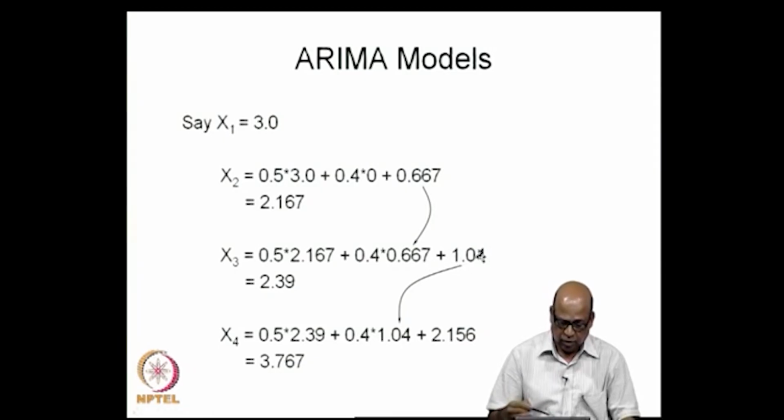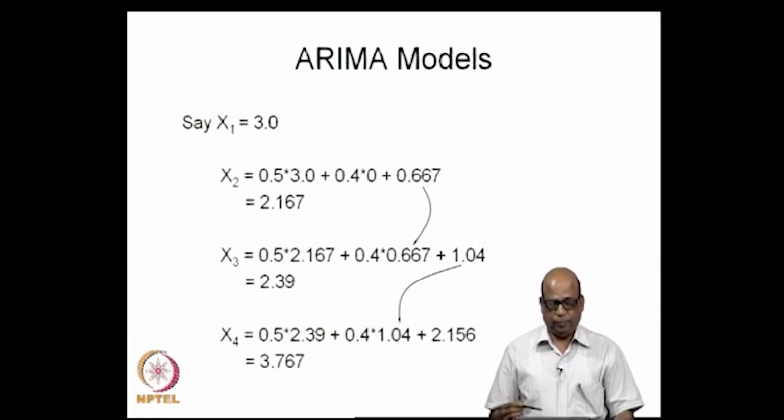Now, E t is a new number drawn from the same sequence of random numbers, and like this it keeps on going. So, you generate several values in the series x 1, x 2, x 3, x 4 and so on. So, this is how we do the long term synthetic generation of the data using the ARIMA models.